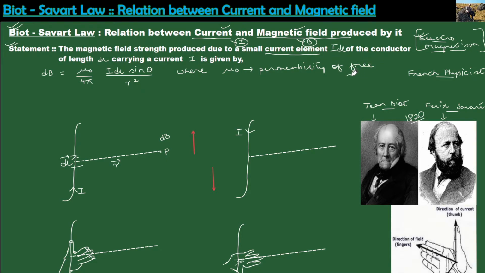And this mu naught has a value which is equal to 4 pi into 10 to the power minus 7 Tesla meter per ampere, Tesla ampere inverse meter.